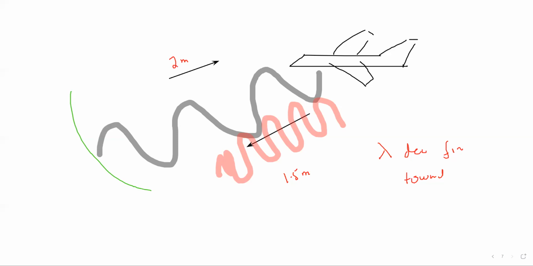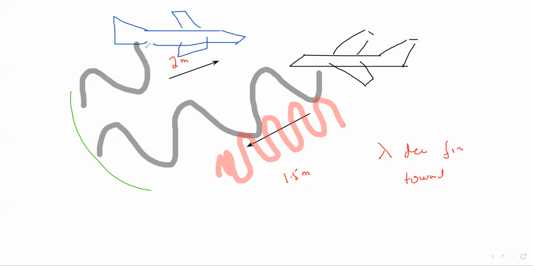For example, if there is another aircraft moving away, when this aircraft sends the signal back, what is received will be longer than what is sent. So we can conclude that this object is moving away because the wavelength increases, whereas here the wavelength decreased.